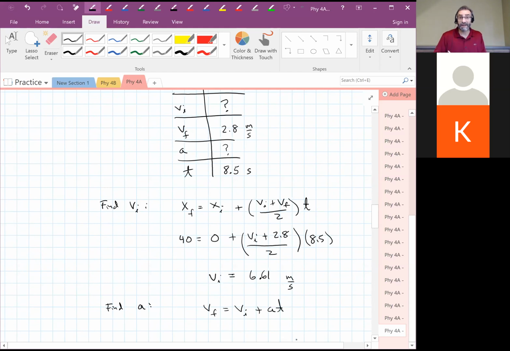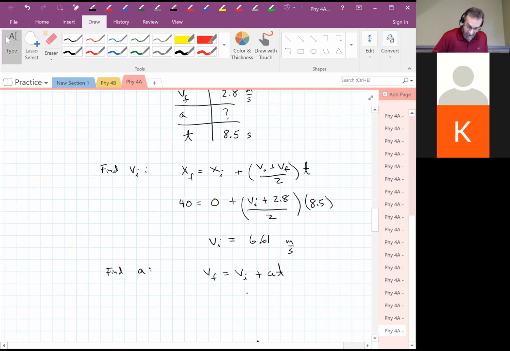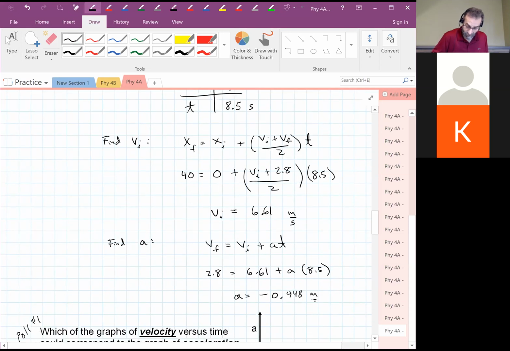And now that we know what v initial is, we can use this equation. And that gives us 2.8 equals 6.61 plus a times 8.5. A is negative 0.448. Is that right? That's a 4.